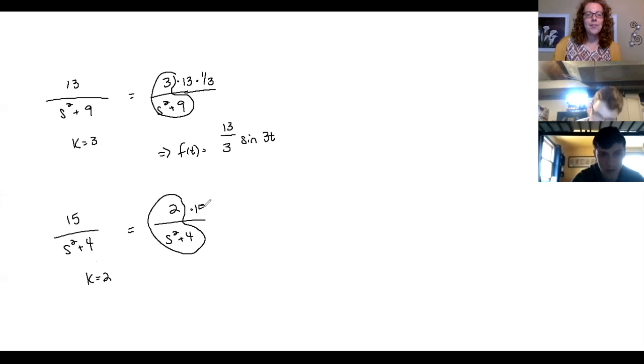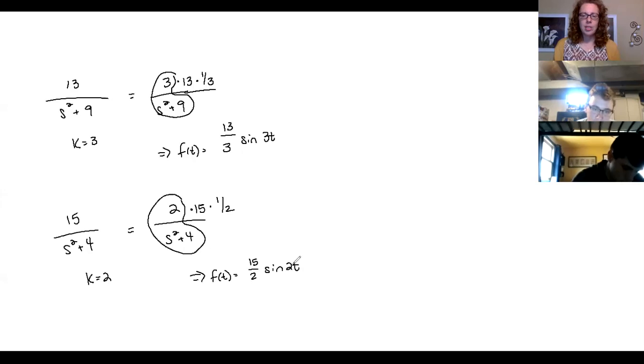I had a 15 previously, and in order to make the numerator what I had before, I've got to multiply by a 1/2 in order to undo that 2. So the inverse transform is 15/2 sine of 2t in this case. Okay, I think I got it now.